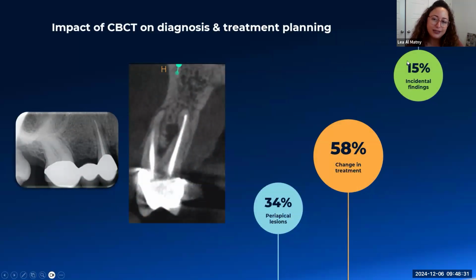And with some of those incidental findings, yes, you will see mucositis in the maxillary sinus. You will see sometimes random incidental findings. But the one incidental finding, which I wish I had more time to talk about, is the presence of root resorption. There's one type of root resorption, cervical root resorption, that is very common.